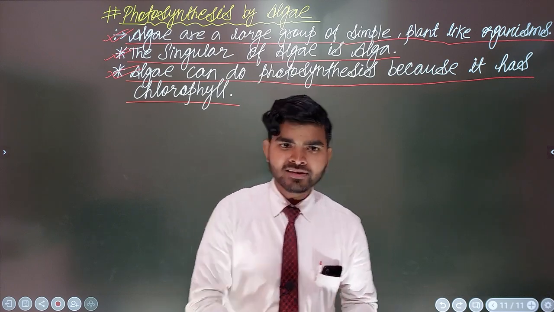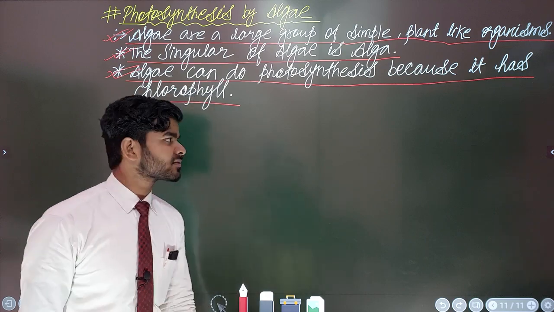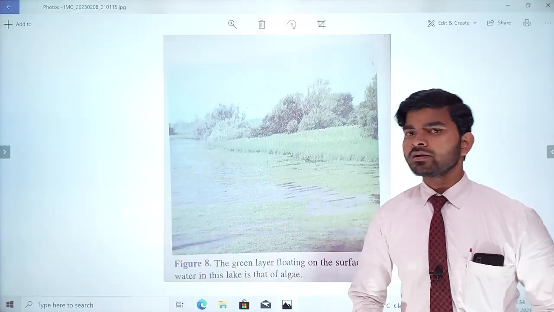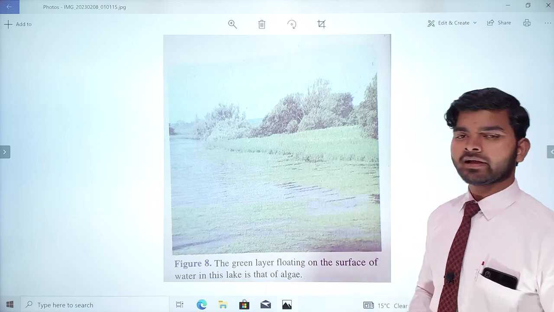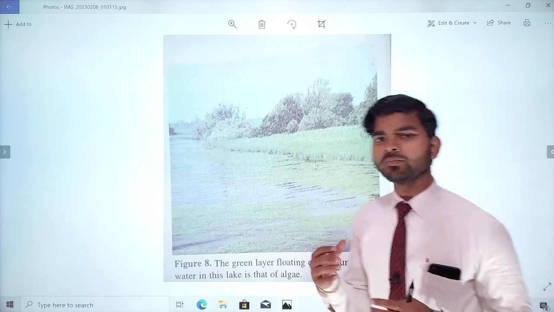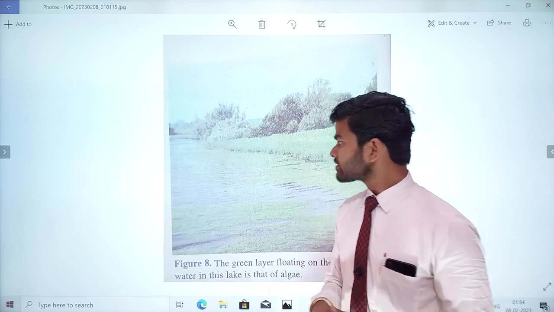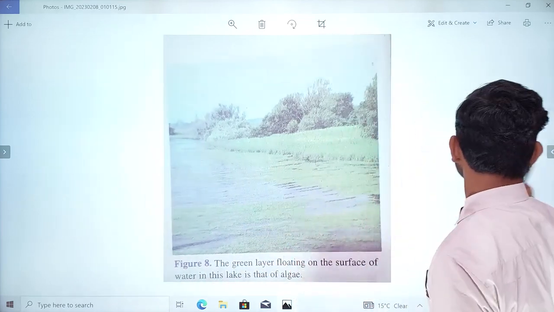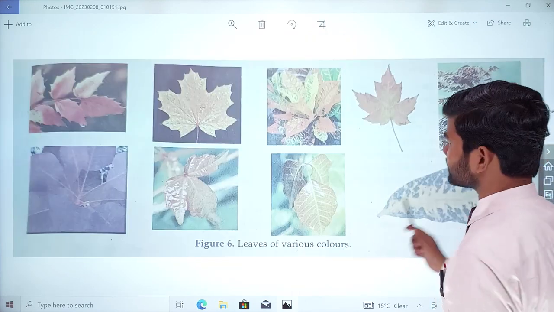Do you want to see the figure? Okay, now let me explain about this algae and how algae can make photosynthesis. You are seeing a huge amount of green color.